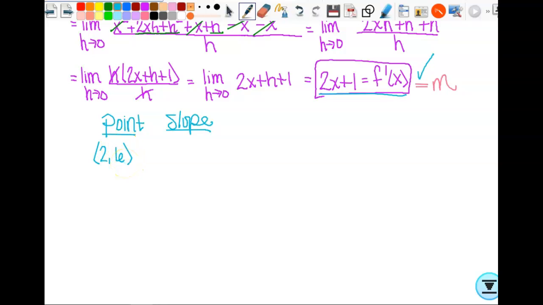Our slope is f prime of x, which is 2x plus 1. So how do I find the actual number for the slope? Substitute the 2 in. So that means that my slope is going to equal 5.